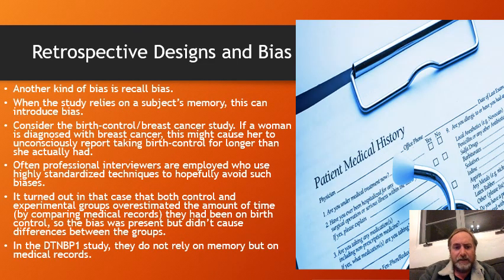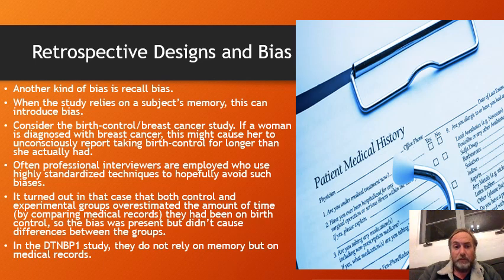Other types of bias include what we call recall bias. Sometimes studies will rely on the subject's memory, right? For example, in the birth control breast cancer study, say a woman's diagnosed with breast cancer, and then you ask her if she had taken birth control or not, a sort of retrospective design.